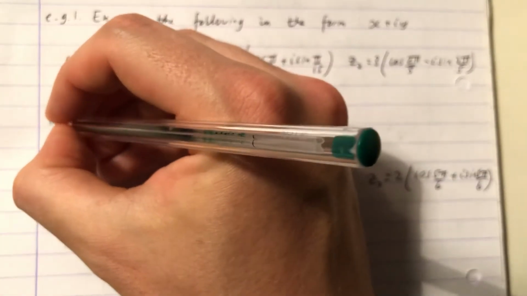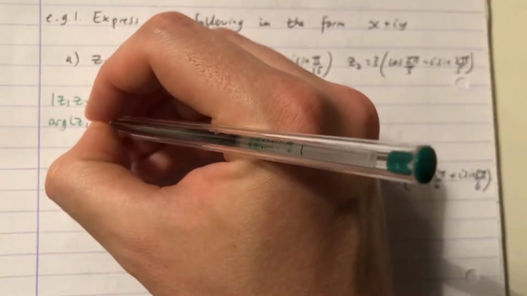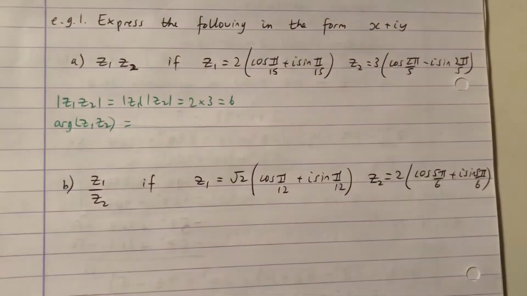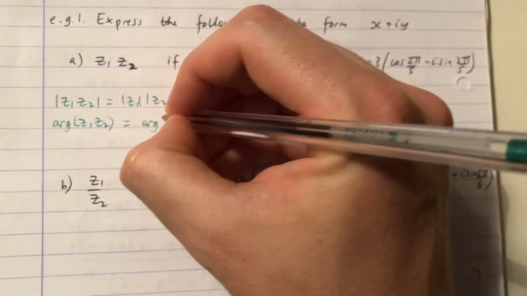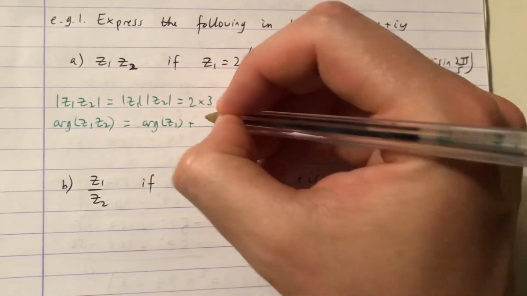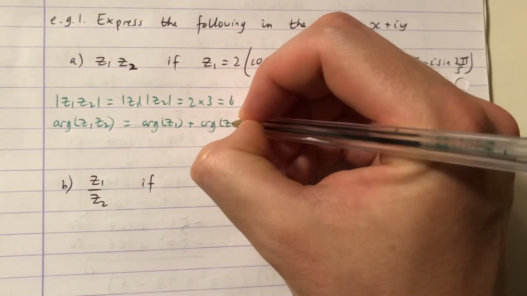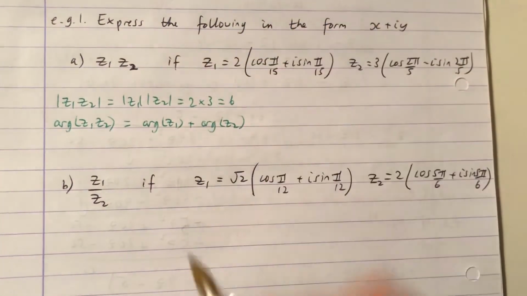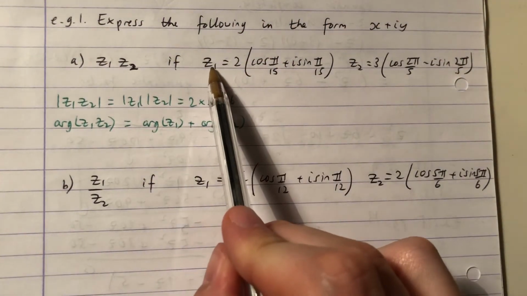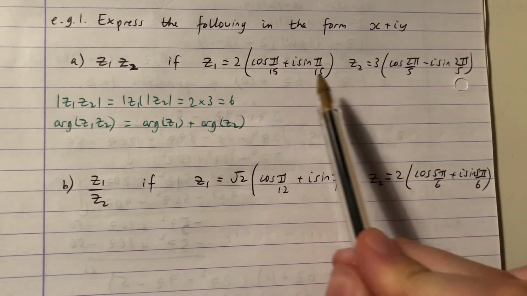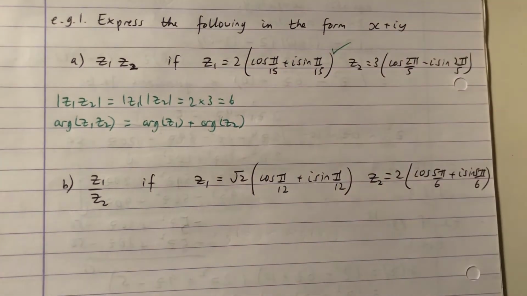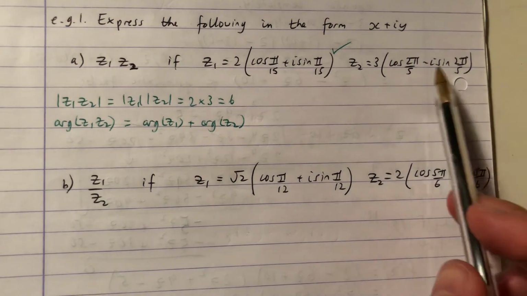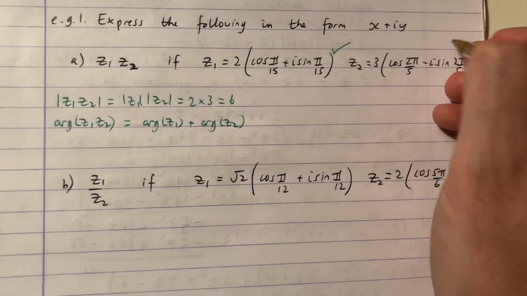The argument of z1 times z2 would be the addition, arg z1 plus arg z2. Now the problem is, if you kept going with this, you're going to get this wrong, because paying very close attention to z1 and z2, this one is in modulus argument form, but this one is not.